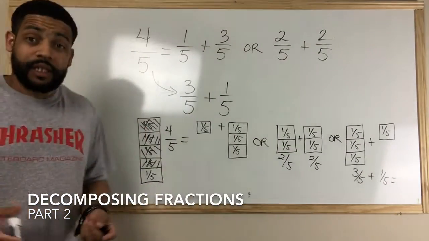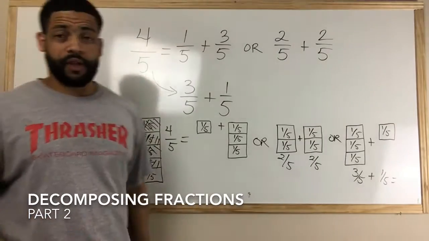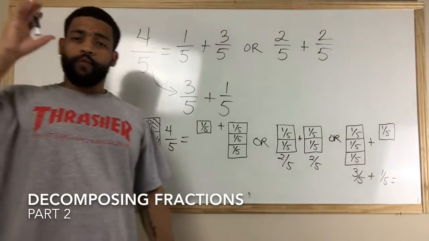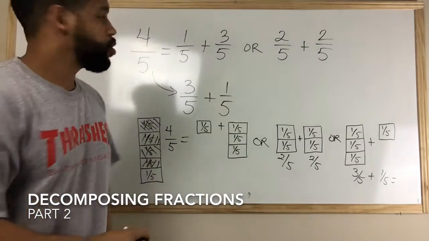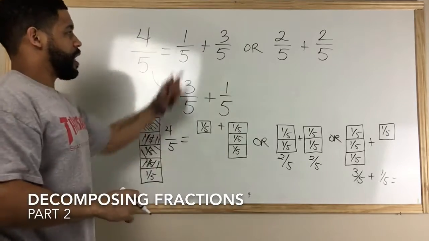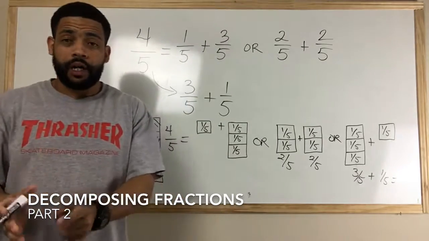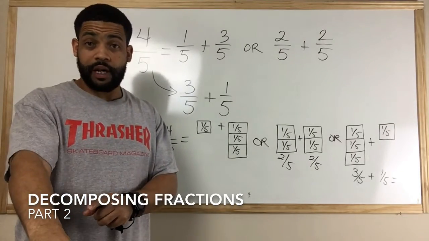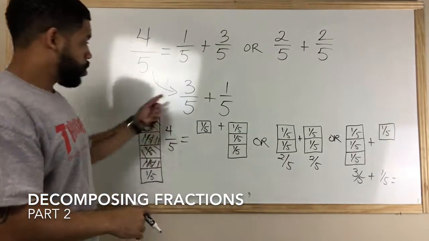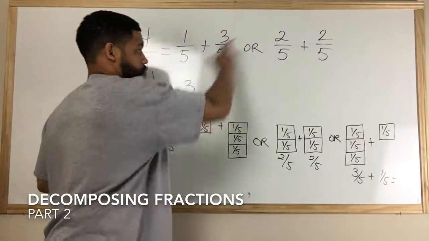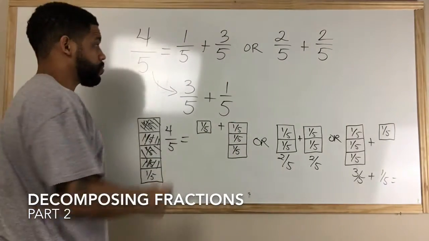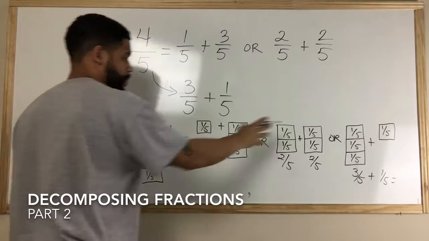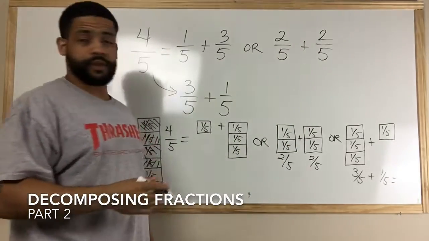And once again, it all equals 4/5, okay? So we have just shown you how we can take a fraction and compose it of different fractions that are smaller in size, okay? So notice there's the regular mathematics way, and then there's the visual representation of it, okay?